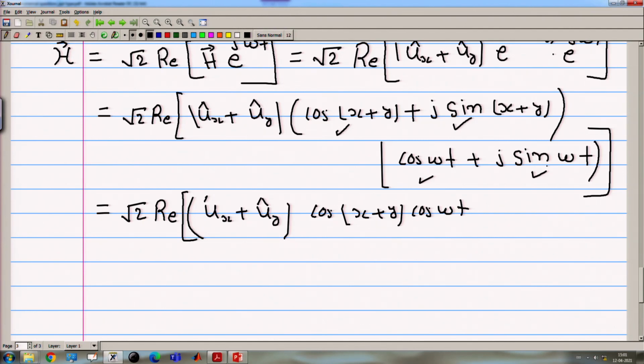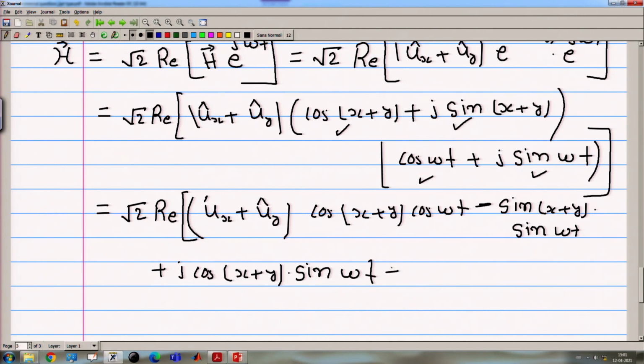So, j square is minus 1, minus sin of (x plus y) into sin omega t, and the other two terms will be plus j cos of (x plus y) sin omega t, but these are the imaginary terms, plus j sin (x plus y) cos omega t.